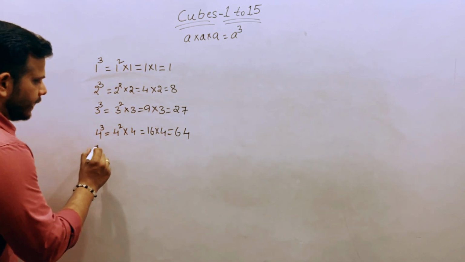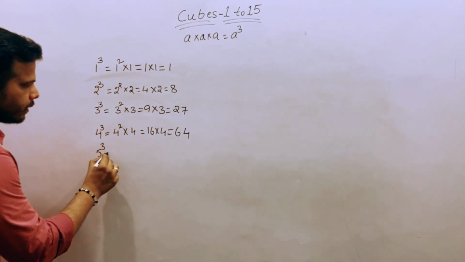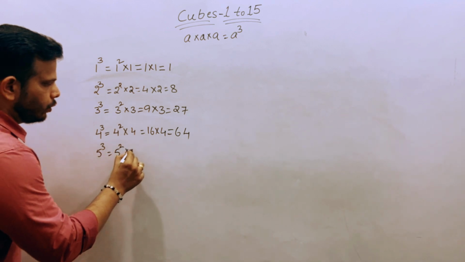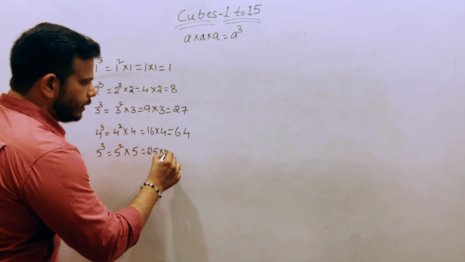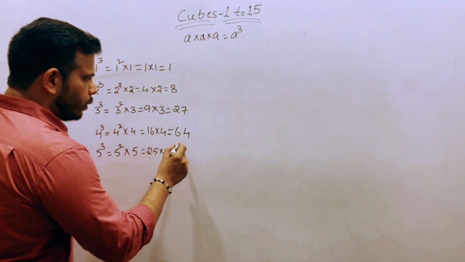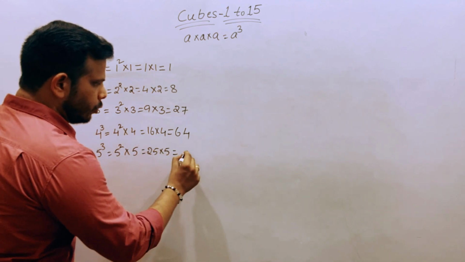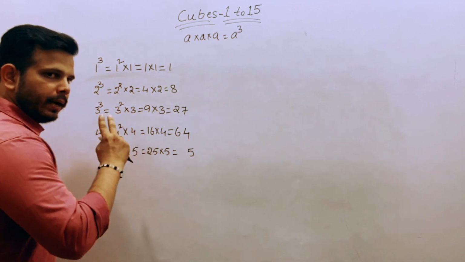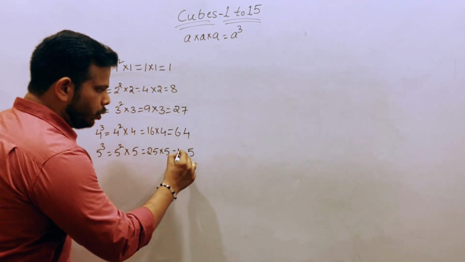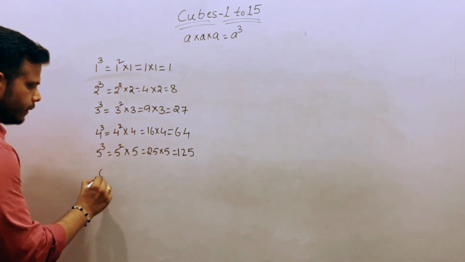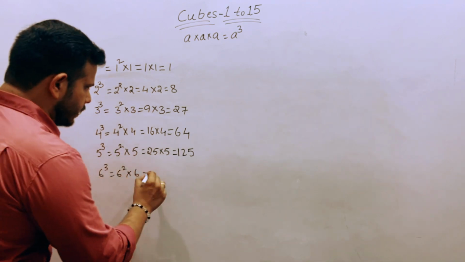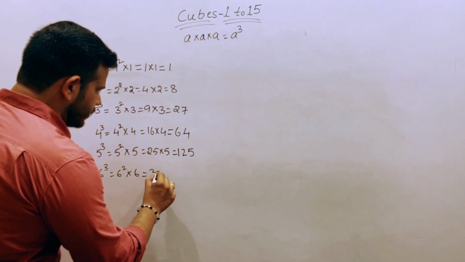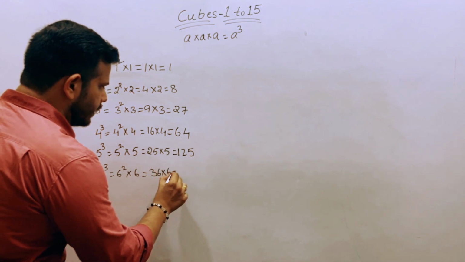Very good. Next, 5 cube, 5 square into 5. 5 5s are 25 into 5. Here, units place is 5. 2 remaining. 5 2s are 10. 10 plus 2, 12. Good. 6 cube, 6 square into 6. 6 6s are 36. 36 into 6.